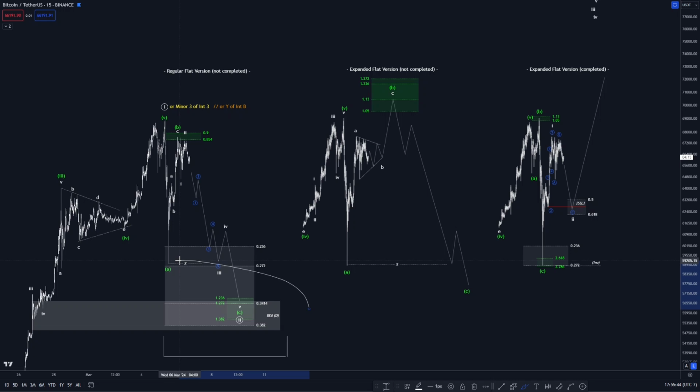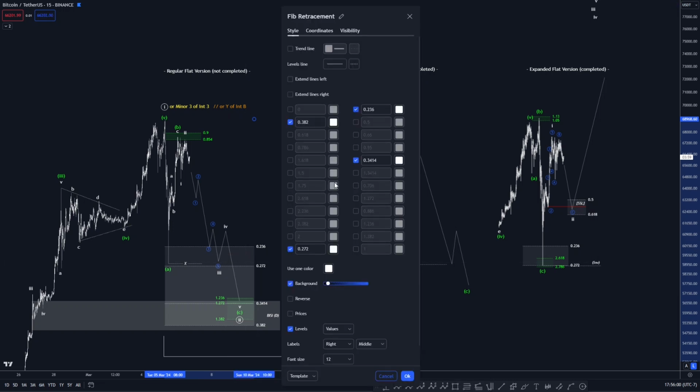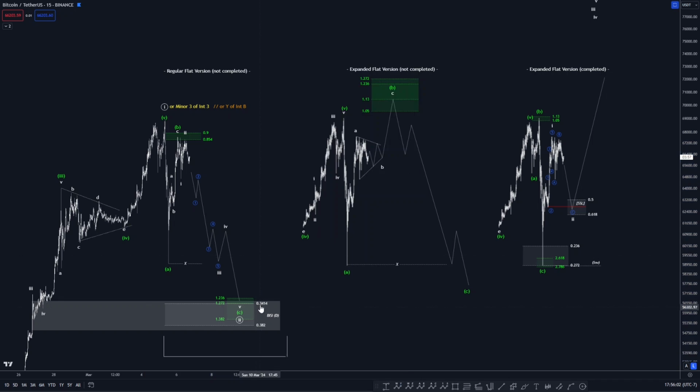Target-wise, we really just want to have it take the prior low, this prior A wave. That's the minimum target. Since we already reached a 236 and 272, from an Elliott perspective, the next target is really going to be that 341 and 382, which is stacked right on top of that daily fair value gap.